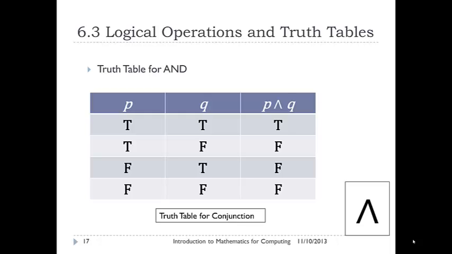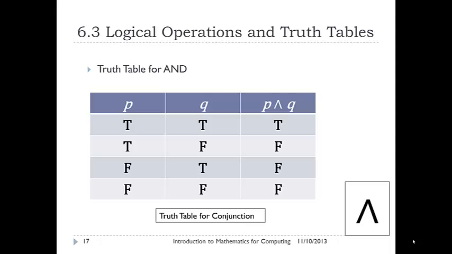In the first row, P takes on the truth value of true, Q takes on the truth value of true. The result of combining P and Q together using the AND operator would then also be a true statement. So if P is true and Q is true, then the compound statement P and Q is also true.